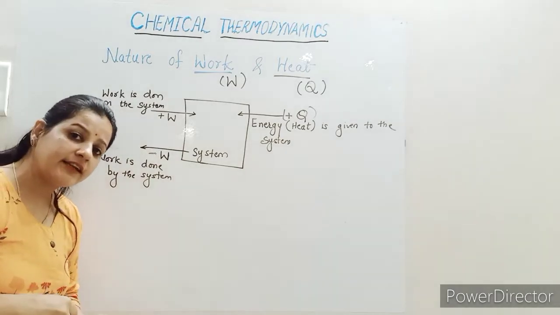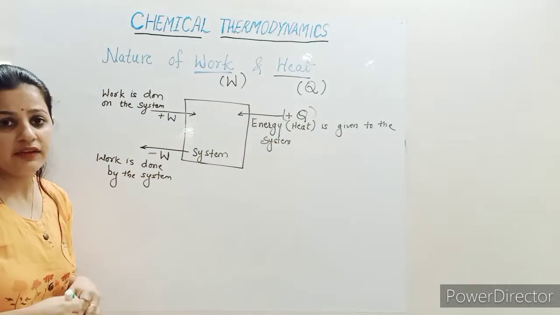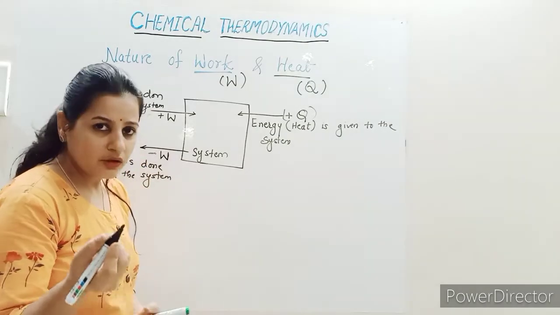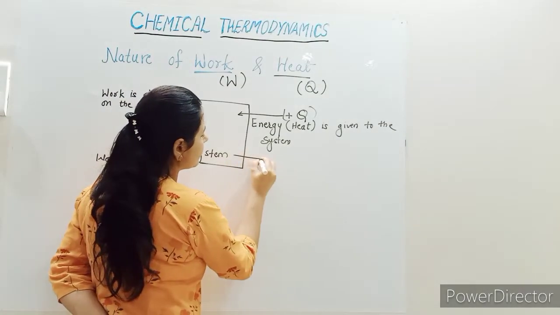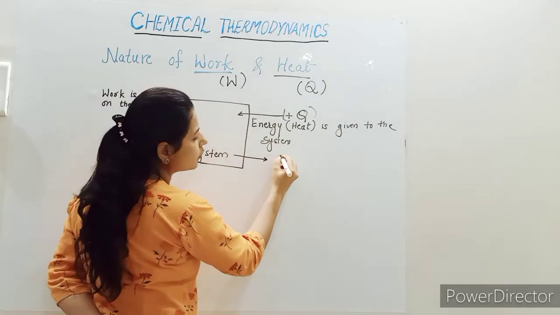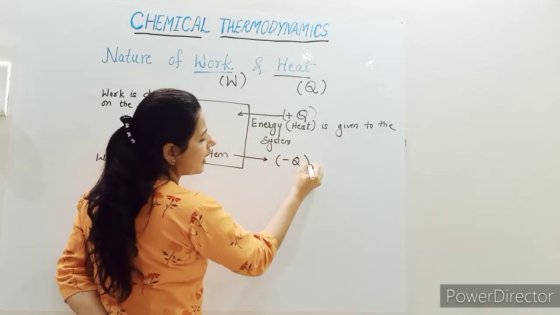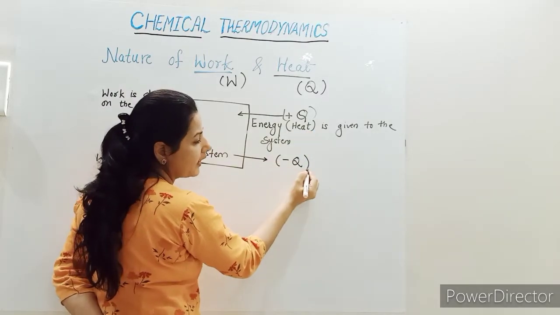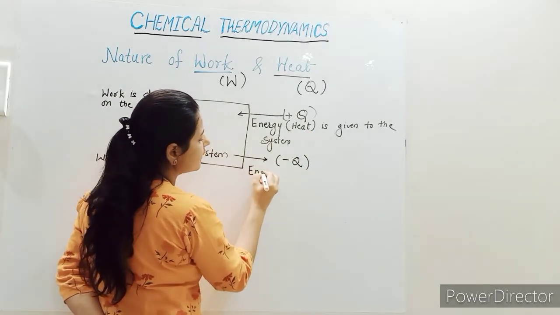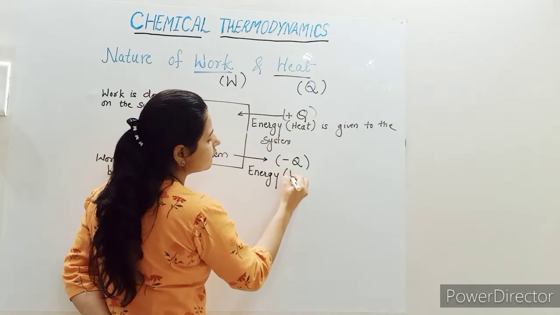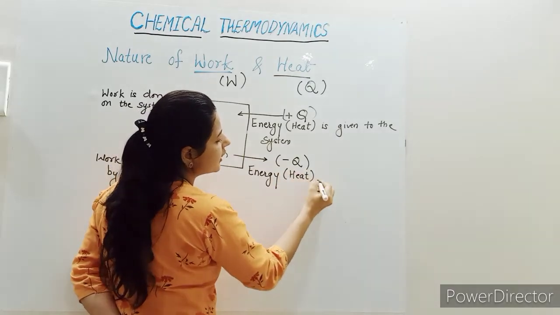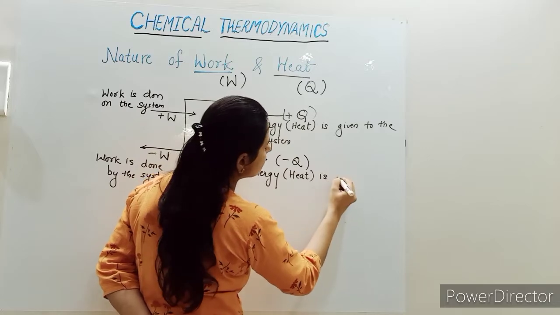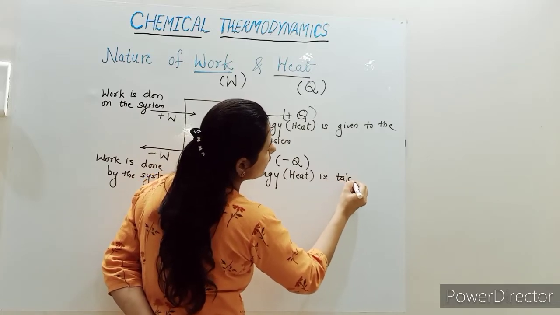And if the heat is given by the system, means if the system is losing its heat, then the energy will be lost, and in that case, if the heat is coming out, means the energy has been given by the system in the form of heat, then it will be denoted by minus Q. So in this case the energy in the form of heat is taken from the system.